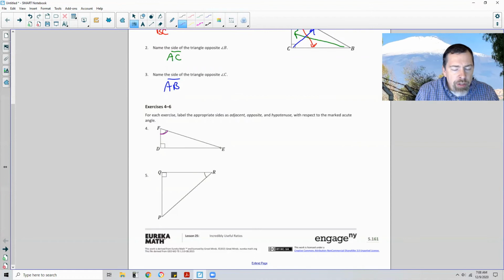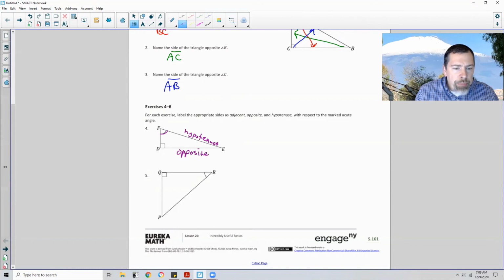The hypotenuse is the longest side of a right triangle, and it's the side opposite the angle that's right. And angle D is right, so FE is the hypotenuse. So that's the hypotenuse. The side opposite angle F is DE.